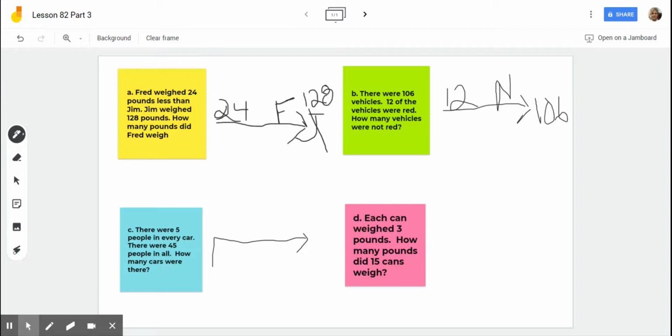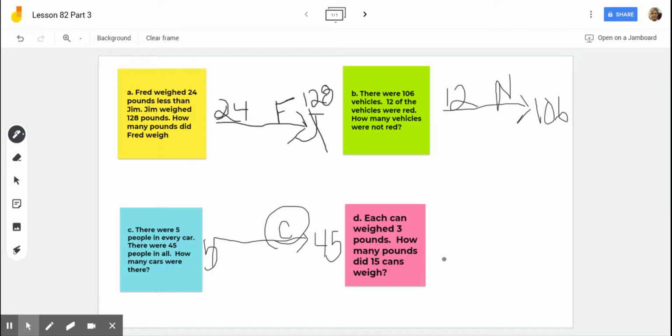So there were 5 people, I'm going to put my 5 here, in every car, or in one car. There were 45 people in all. How many cars were there? So when I'm using multiplication or division and I'm looking for this small number, I am going to divide. 45 divided by 5. Pretty cool, huh?